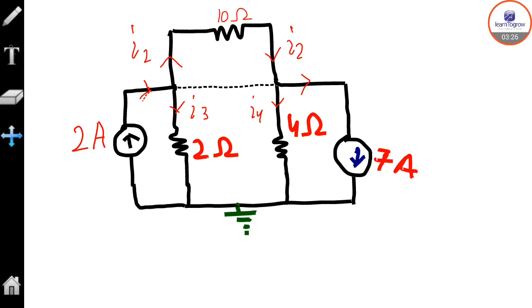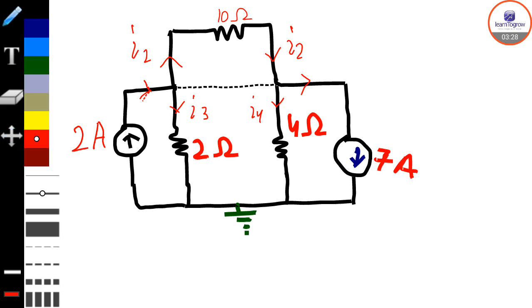Now let's first name the nodes. This is node 1 and this is node 2, having voltages V1 and V2. A node has the same voltage throughout, but the nodes are different, so they have different voltages, and due to the potential difference current flows.